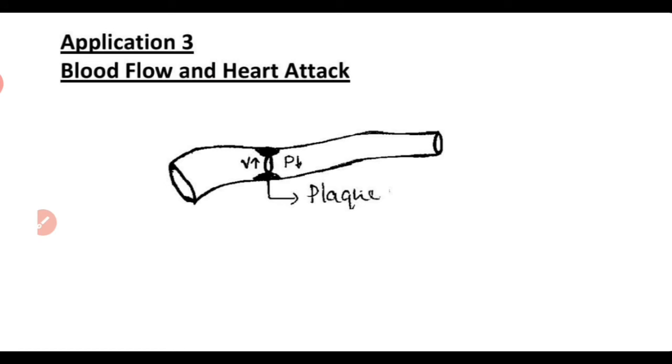With the deposition of this plaque, constrictions are formed. When the blood passes through such constrictions, the area is less, so the velocity will be more, because AV is a constant.